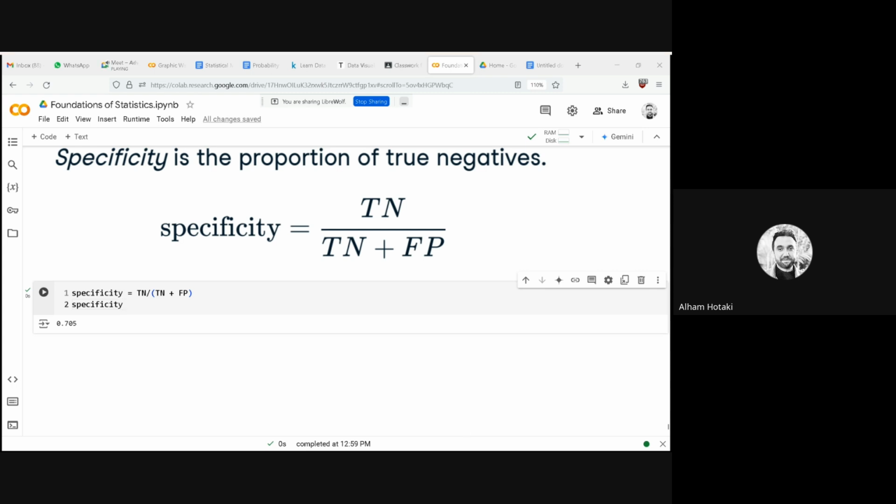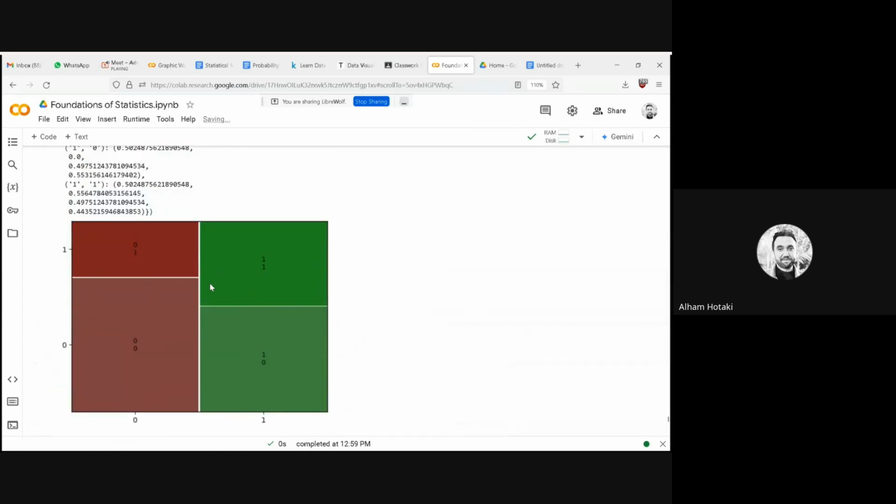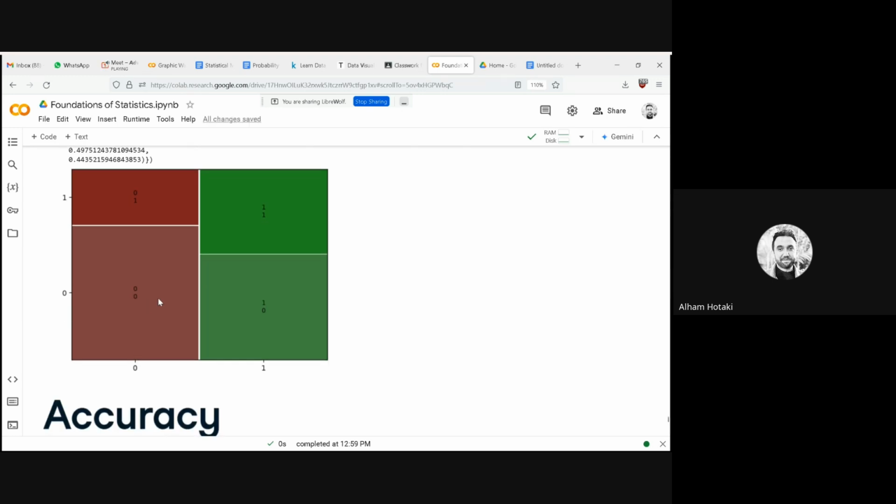So for the true negatives, this model is actually having a higher prediction. See, 70%, this predicts true negatives correctly. You can see here, look, this is 70% almost. This is true negatives, yeah. So 0, 0 is true negatives, and the model predicts the true negatives very well.